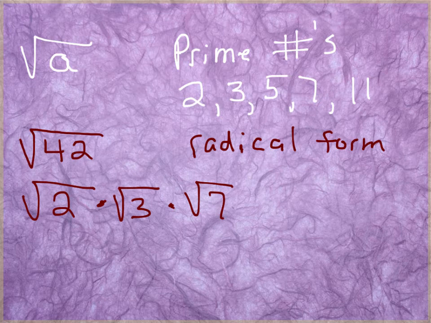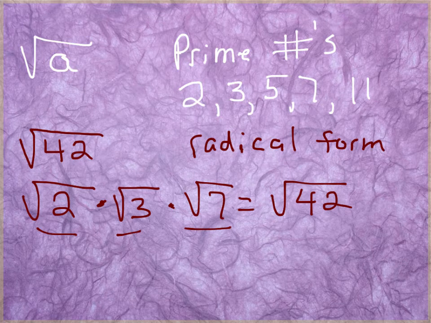If you don't have any duplicates, what you want to do is expand it out just like I did here, and then take it back to its original form, just to show that you know the prime factorization, and there's not more than 2 square root of 2's, or 2 square root of 3's, or 2 square root of 7's. There's only one of each. If there's only one of each prime number, it shows up in your prime factorization. It's kind of just like expand it and then go back to the original form, compress it.